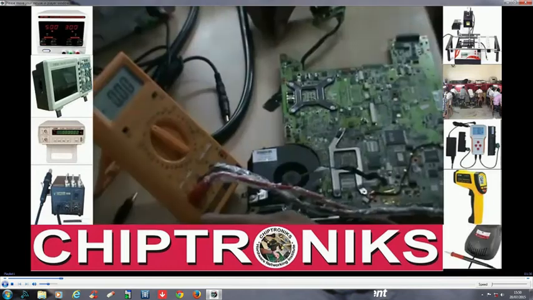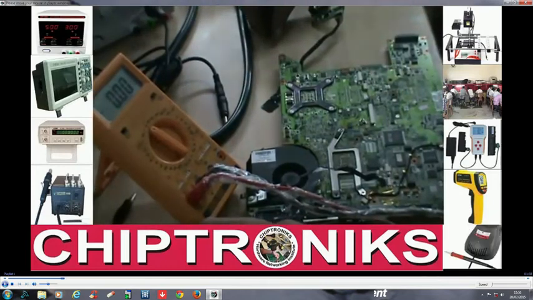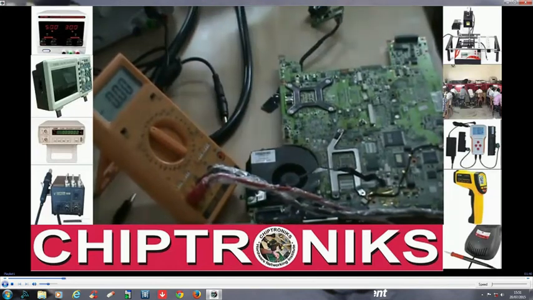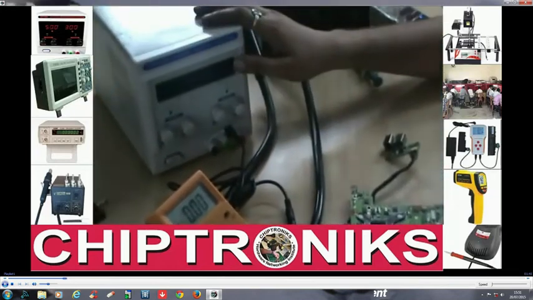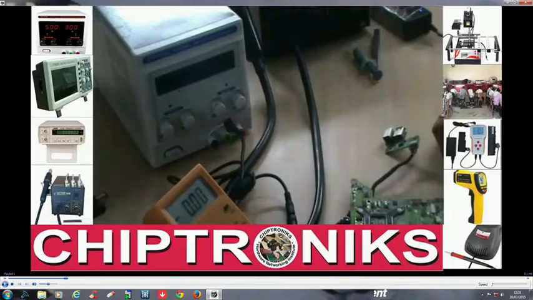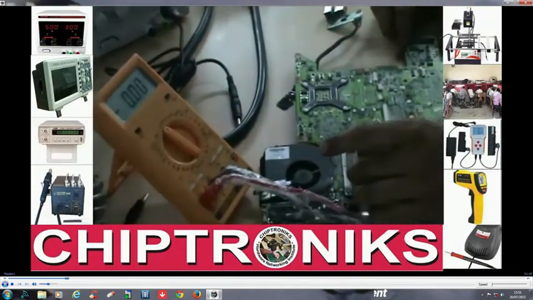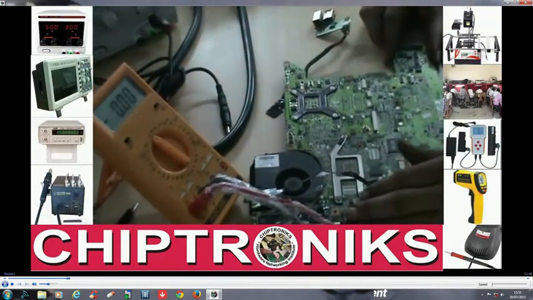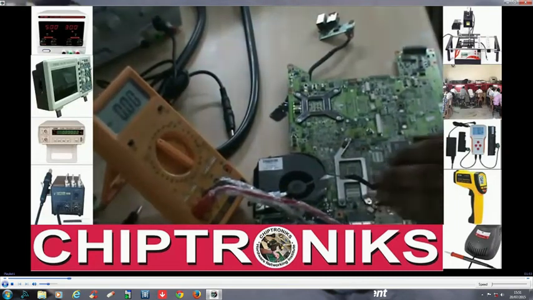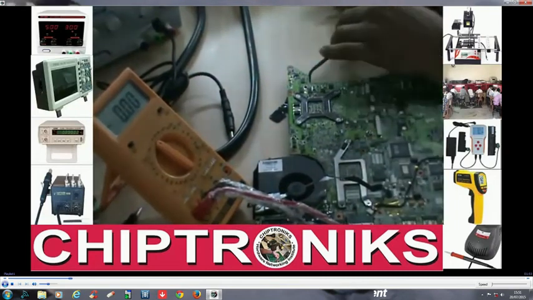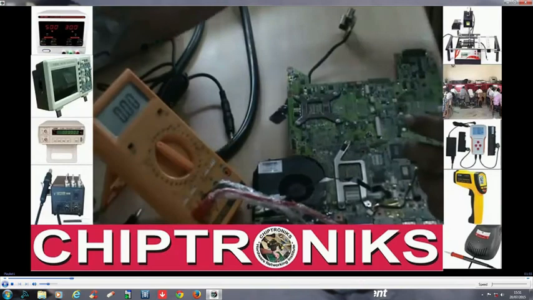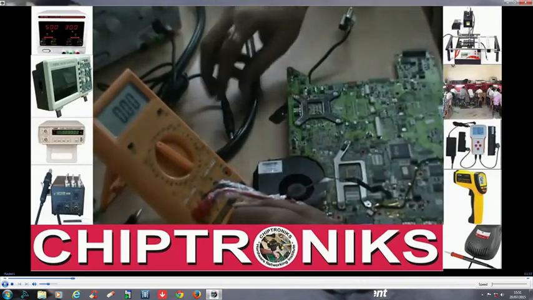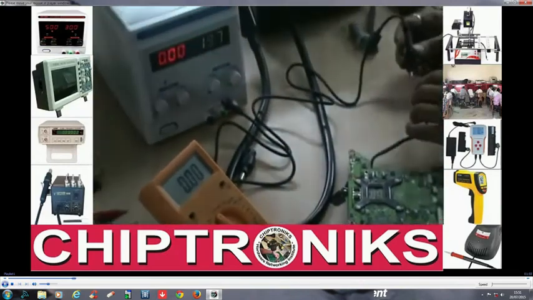Okay. Hello friends, today I'll show you how to use DC power supply machine in repairing. Here I have one faulty motherboard which is in a dead condition. I'll show you with DC power supply. This DC power supply you can use as an adapter also.